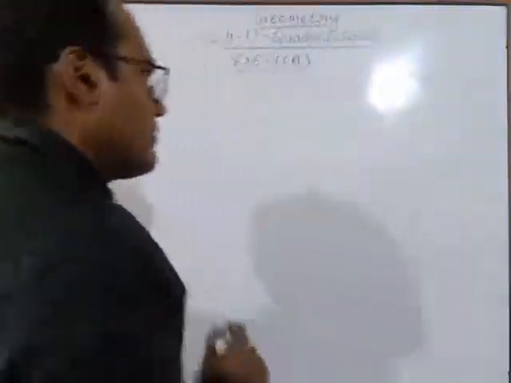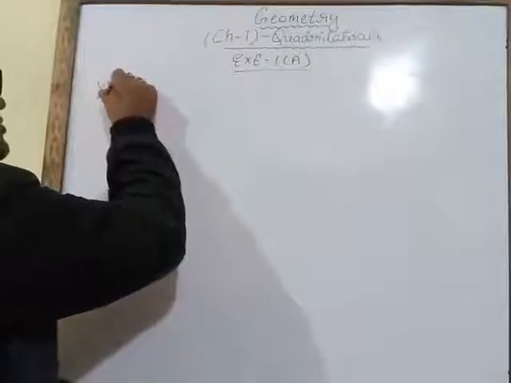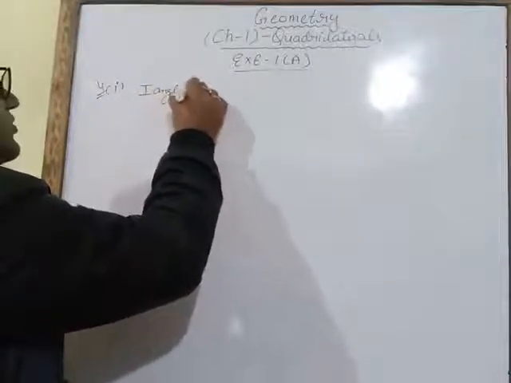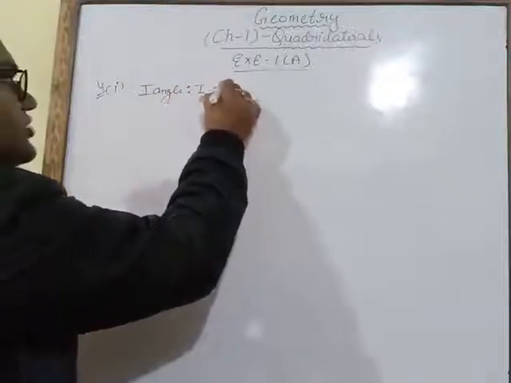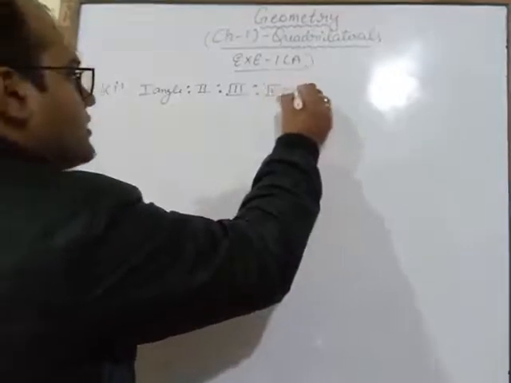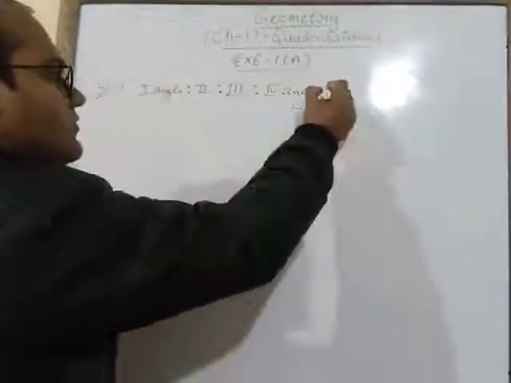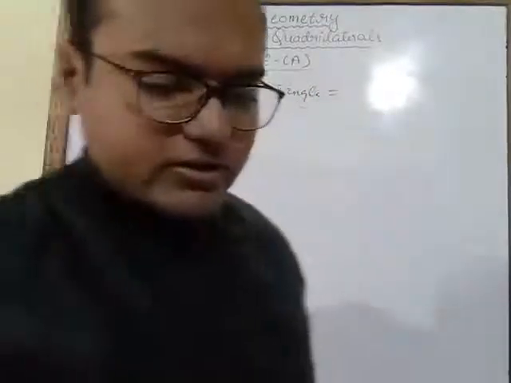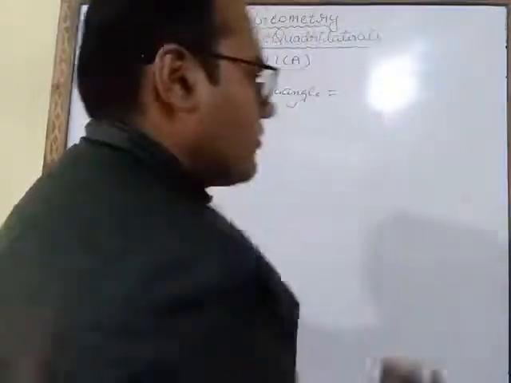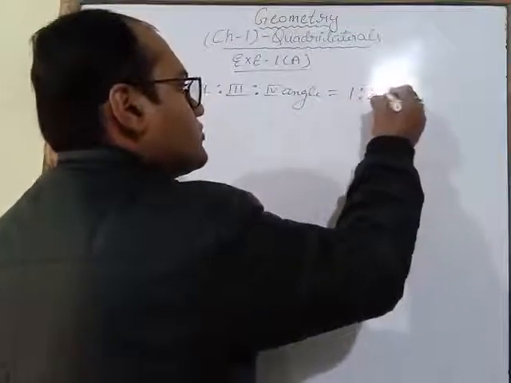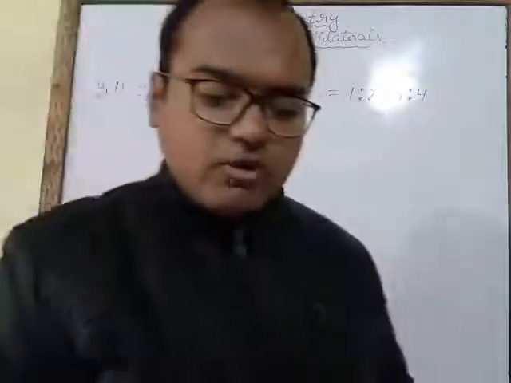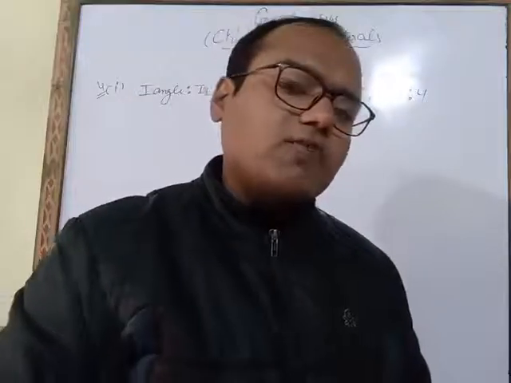So first of all, we will write the ratio: first angle ratio, second ratio, third ratio, fourth angle ratio. The ratio of all the four angles of the quadrilateral is 1:2:3:4, and after that it is written that you have to find all four angle values.